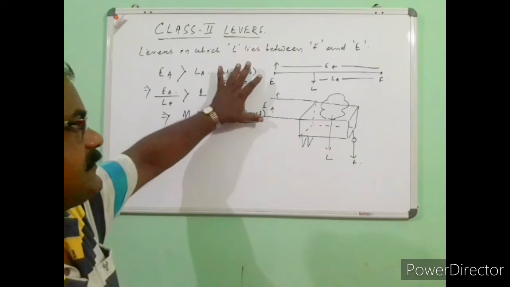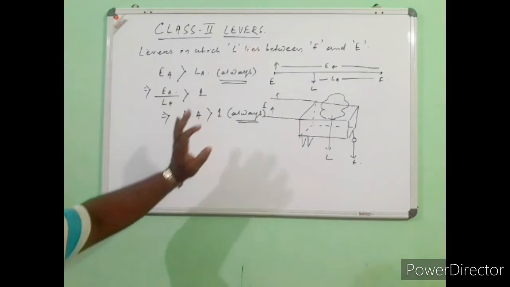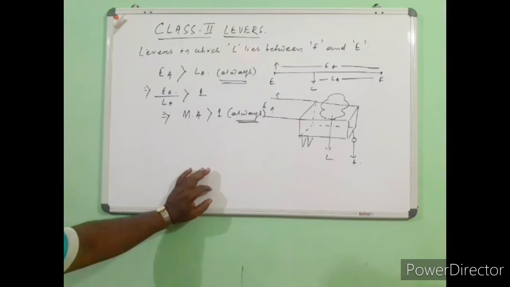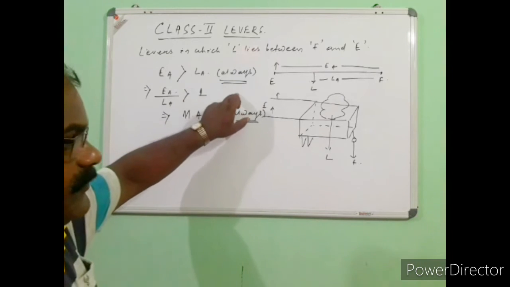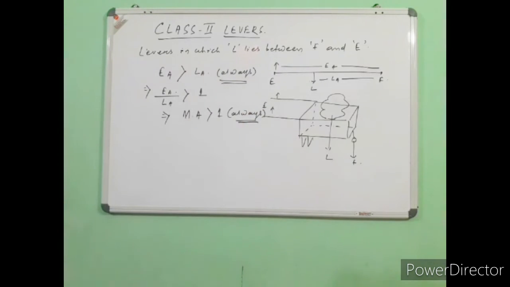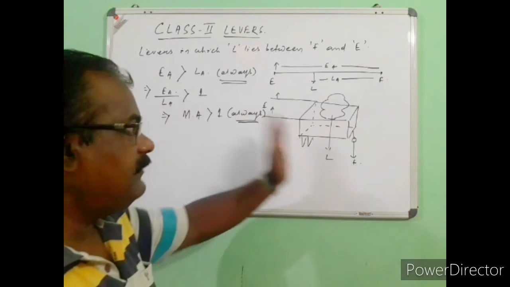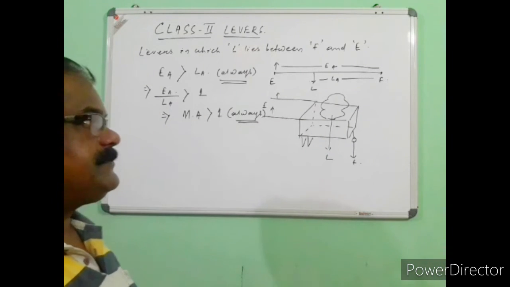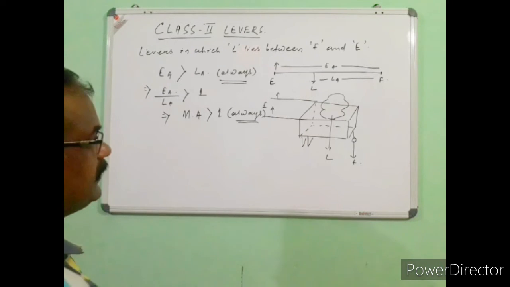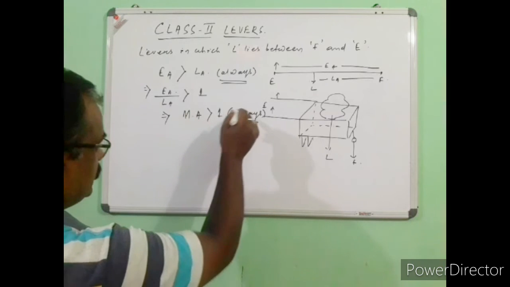If the word always is not mentioned, this may be class 1 lever or maybe class 2 lever, because in case of class 1 lever also we have seen this condition, but the word always makes it different from class 1 lever, because here if you go on changing the position of the load, then also we find that every time this mechanical advantage will be greater than 1. Very important is always.